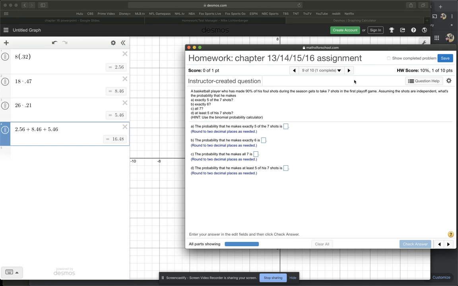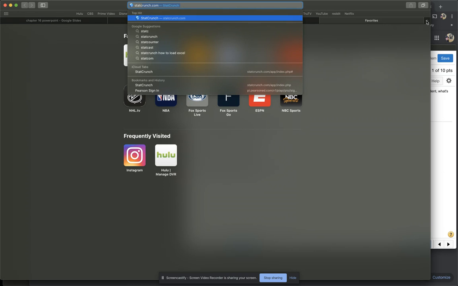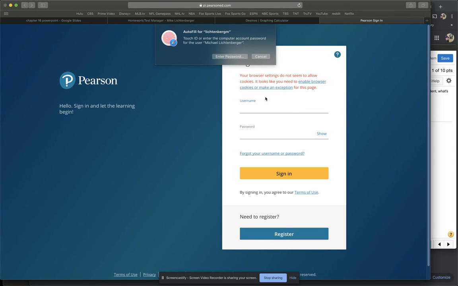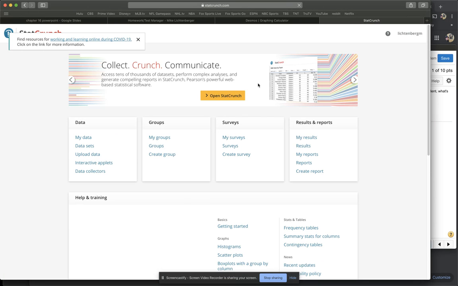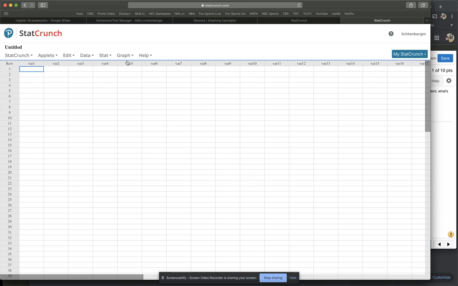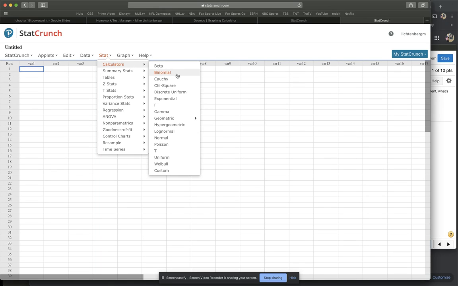The last 2 questions, 9 and 10, are basically using that StatCrunch binomial calculator. So let's log into StatCrunch here. So remember, to access the binomial calculator, we go to Stat, Calculator, Binomial.